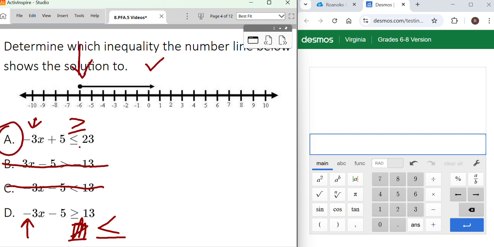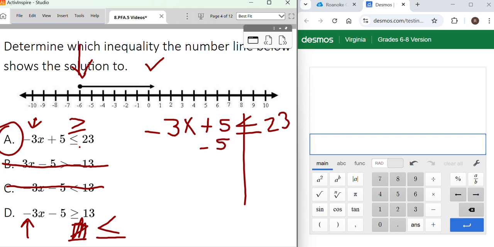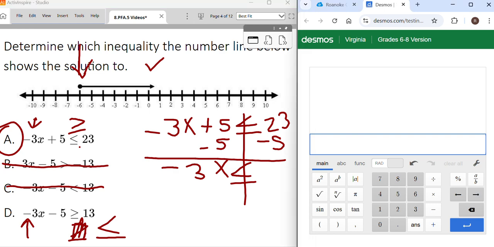My thought is it's A, but let's go ahead and prove that to everybody, because in a lot of instances, you can just look really carefully and figure these out. So first thing we're going to do is get rid of that constant. So we're going to subtract 5 on both sides. That gives me a negative 3x less than or equal to, and again, I'll show you to use the calculator. I don't think there's anything wrong with that to make sure there's no silly mistakes.